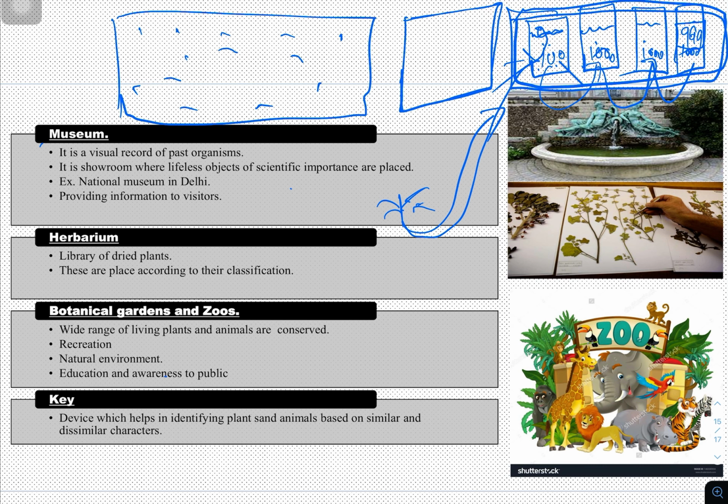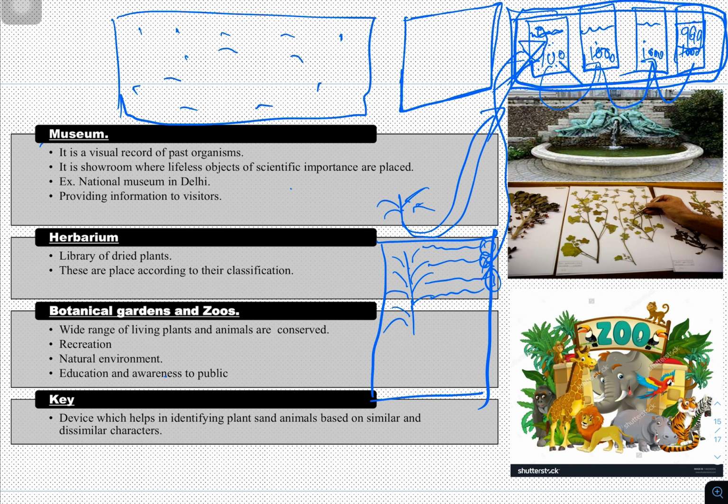So there is a shortcut which tells that based on certain characters of the plant which you have got, if certain characters are present, say for example character 1, character 2, character 3, then go and search in book number 1.